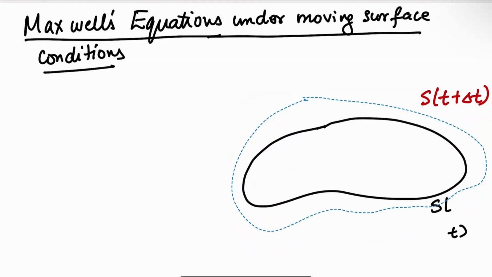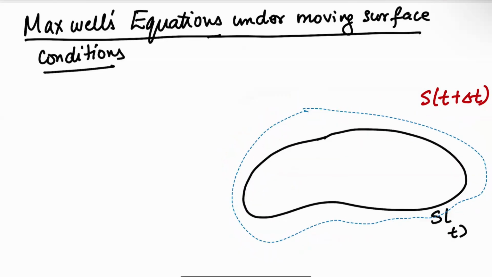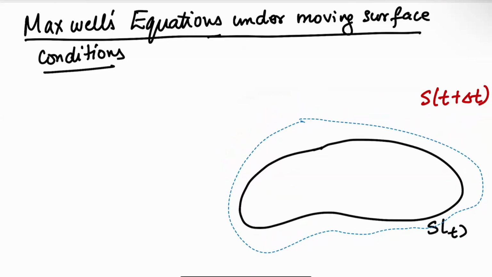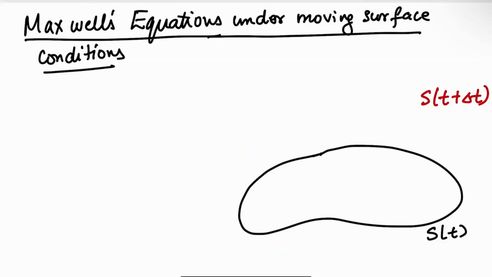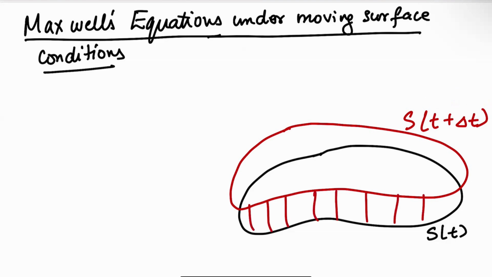It's making a small displacement, a small evolution of the surface in time. When it moves a little bit, it sweeps out a volume. After it has moved, it has evolved to this surface, and during that motion it has swept out a volume. That volume is like some kind of distorted cylinder, with some wall and a bottom surface.